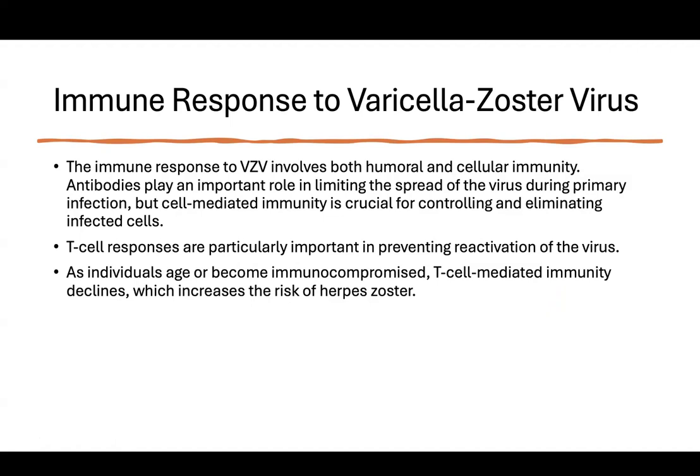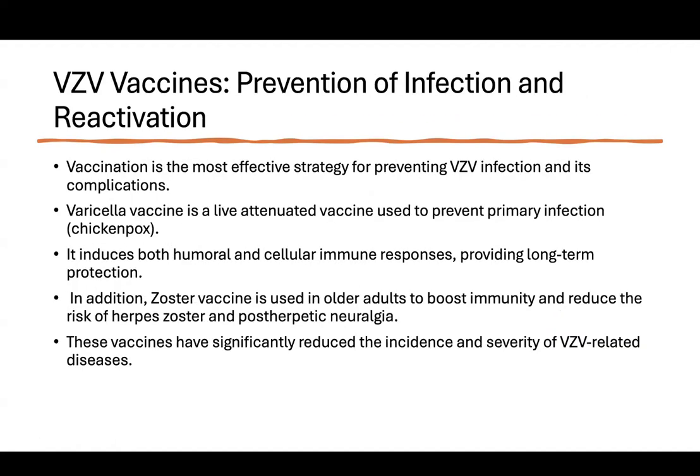So we really need T cells. And one thing that we really encourage, especially for people that are older, 50, 55, because that's where usually the zoster virus starts to reactivate to create shingles, we highly recommend to get a vaccine.